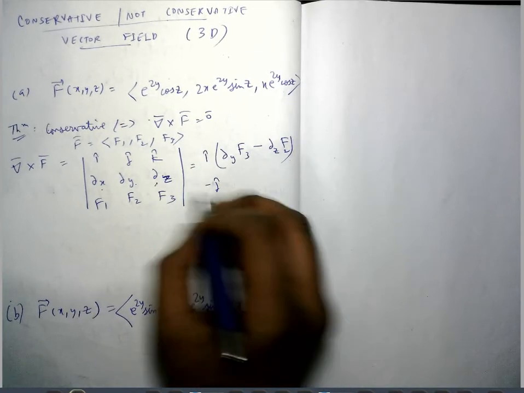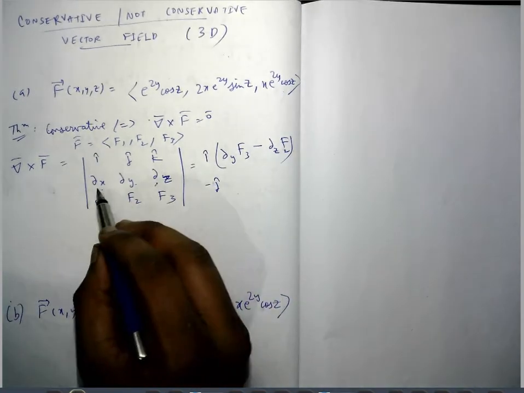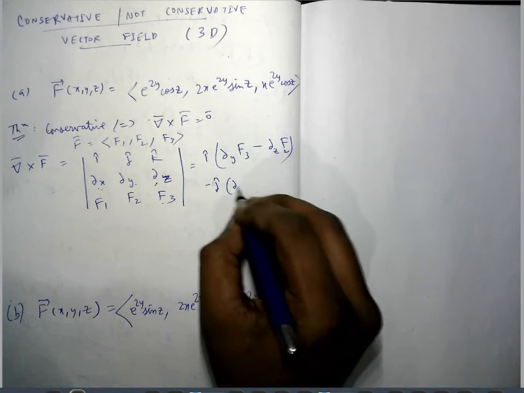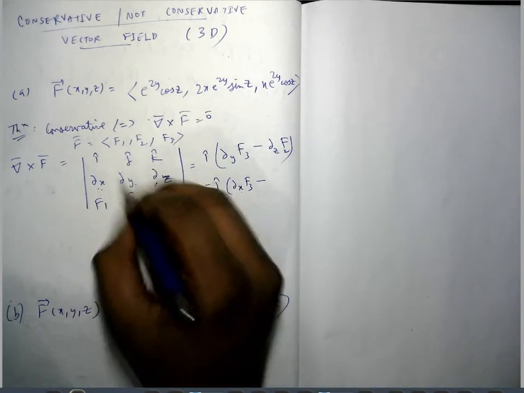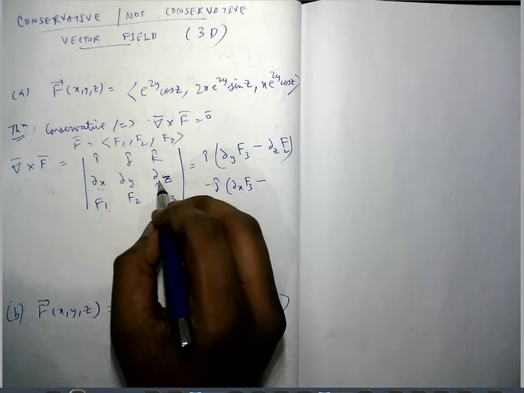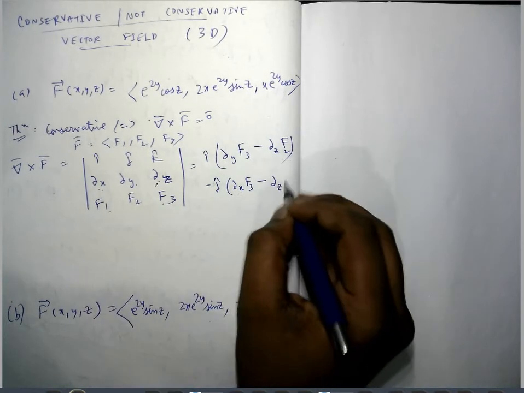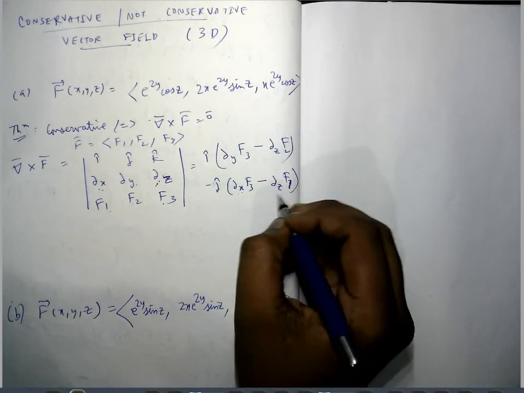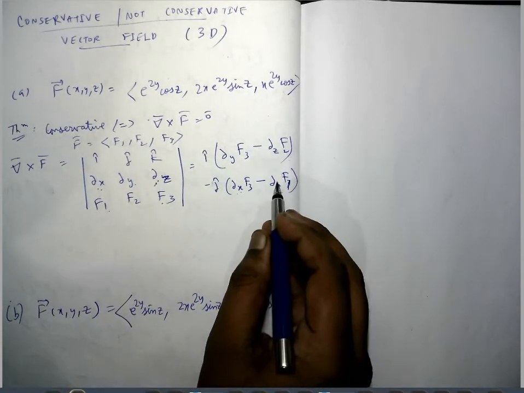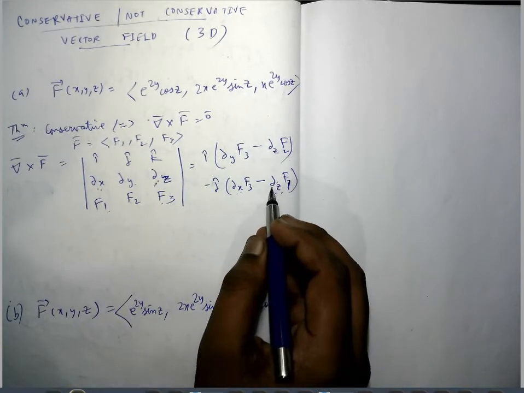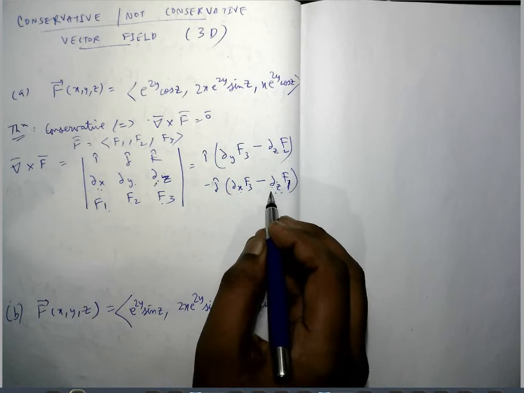So minus j cap times: dou x of f3 is the partial derivative of f3 with respect to x, minus dou z of f1, which is the partial derivative of f1 with respect to z. This is not exactly multiplication, it is the operation of taking the partial derivative with respect to z of f1.